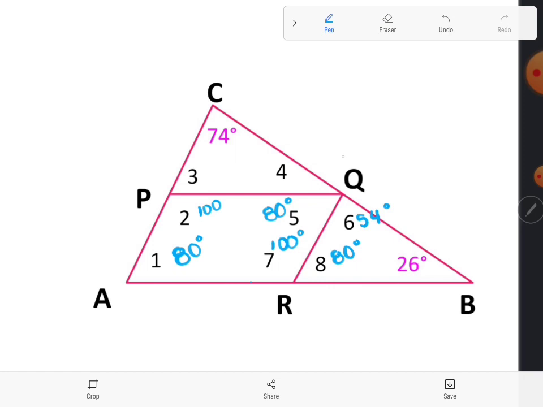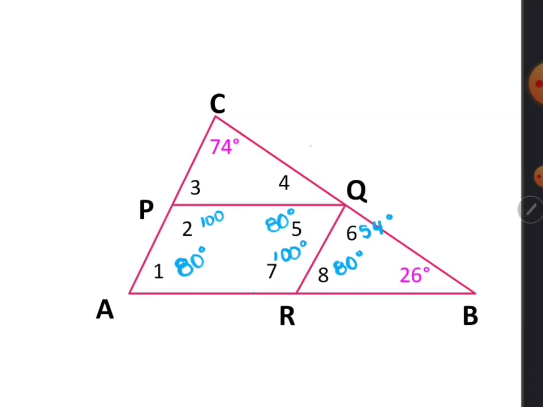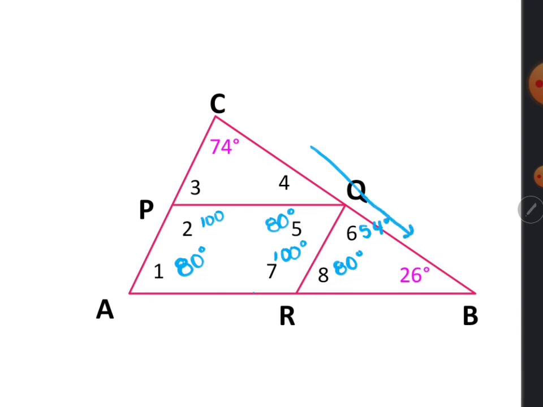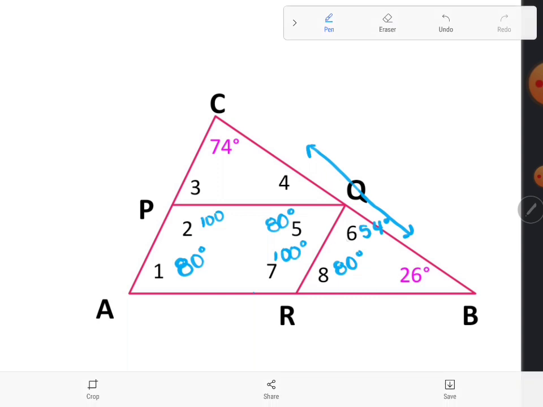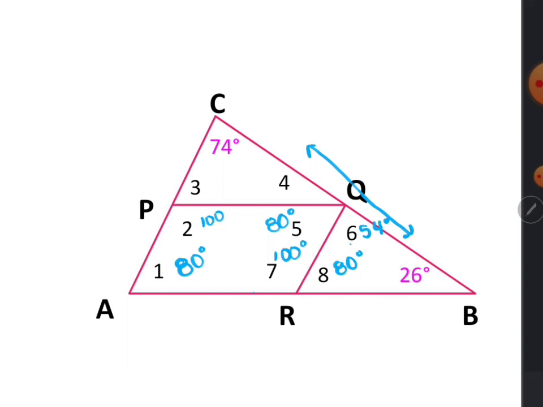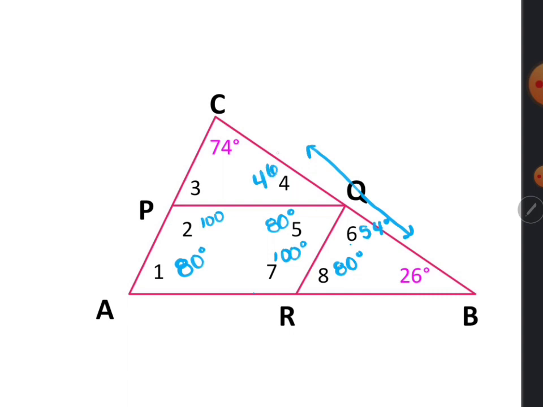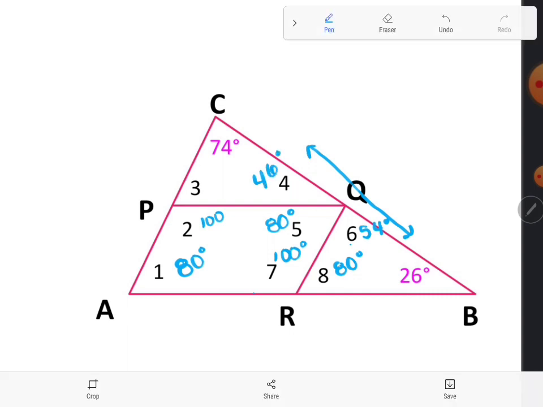And then what we can do, since we have a straight line going down right here, we know that 6, 5, and 4 should all add up to 180. So we'll do 80 plus 54. We've got 134. Now we're going to do 180 minus 134, and we should have 46. So angle 4 is going to be 46 degrees.